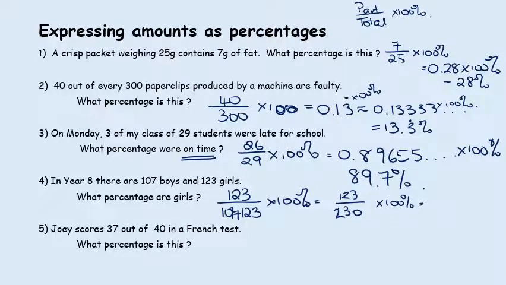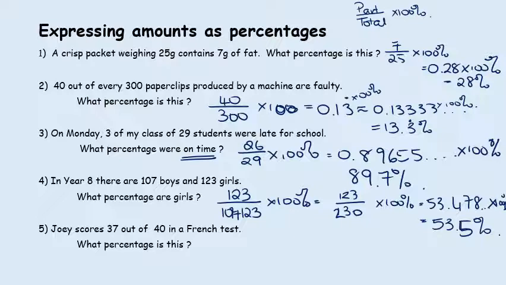So 123 divided by 230 gives us 53.478 and so on times 100%. So that works out to be roughly 53.5%.